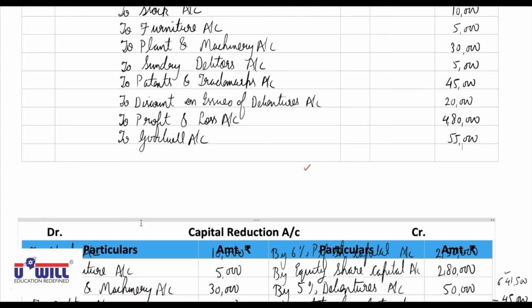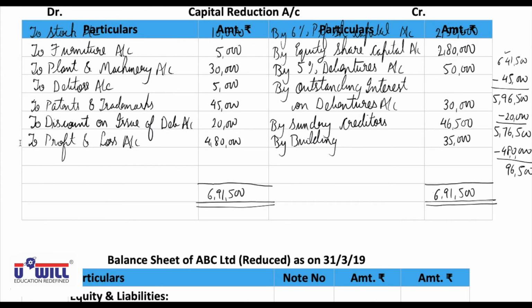In the ledger account also, debit side, to goodwill 55,000. As far as possible carried no relevance in this question because a lot of money is available and all assets could be easily written off. So if we write off 55,000, you'll be left with 41,500.